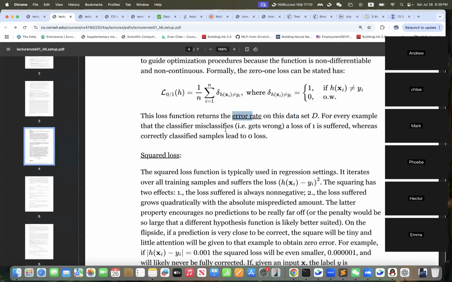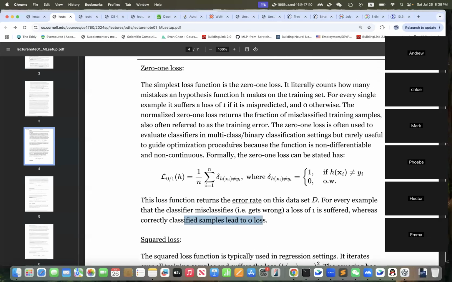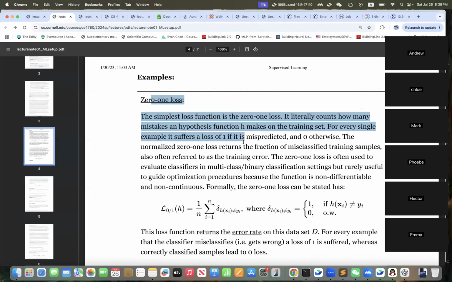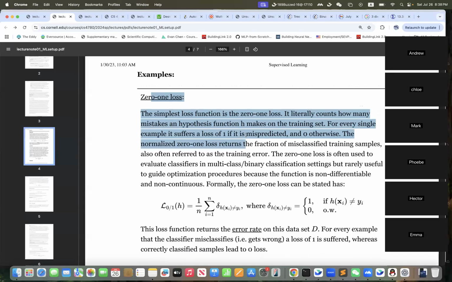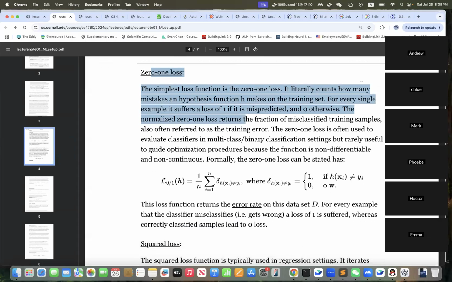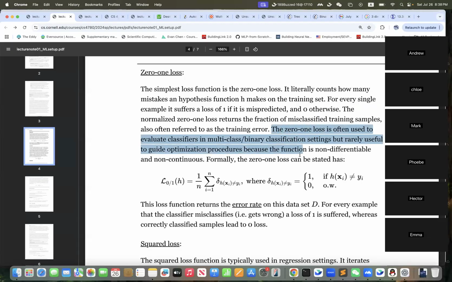For every example that the classifier misclassifies, a loss of one is suffered, right? Whereas the correctly classified samples lead to zero loss. So you see, zero-one loss is the easiest way to understand the loss function. But it is quite easy for humans to understand, but not easy for a computer, because computers like continuous stuff, like differentiable stuff.